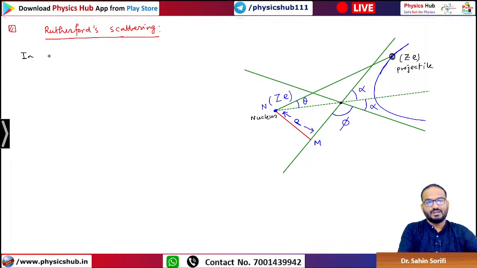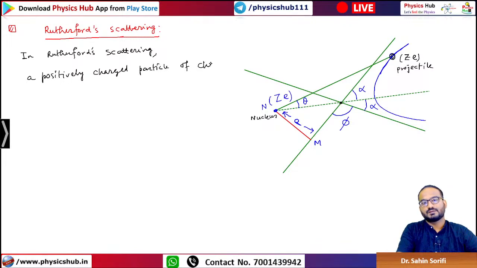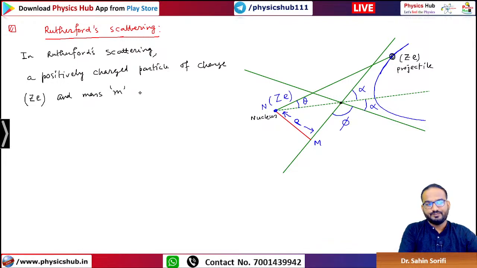Okay. So in Rutherford's experiment, scattering: a positively charged particle of charge small ze and mass m is scattered by a heavy nucleus, let's say N. We are giving a general theory, that is why we are not taking any specific particle like alpha particle or a specific nucleus like uranium.